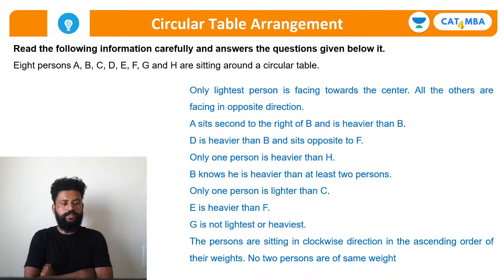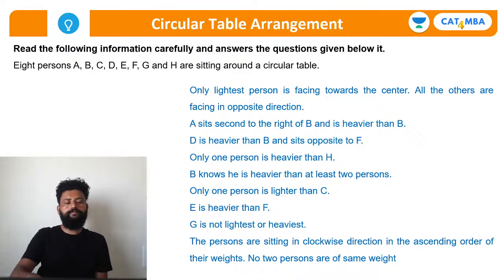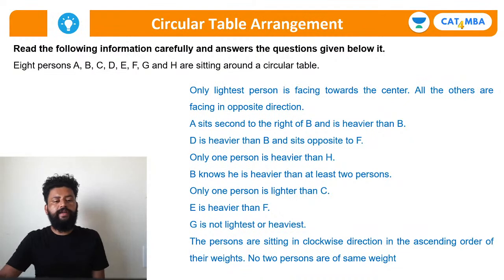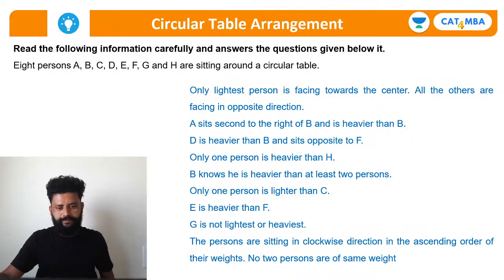So this is a general clue, you can just remember that, you cannot use it right now. Let's move to the next one. A sits second to the right of B and is heavier than B. So we can look for the lightest person.